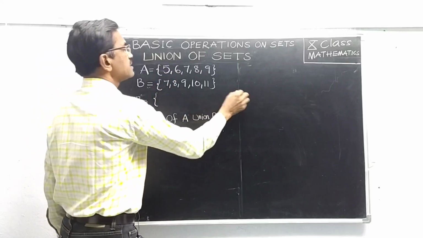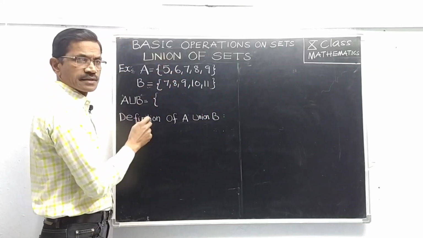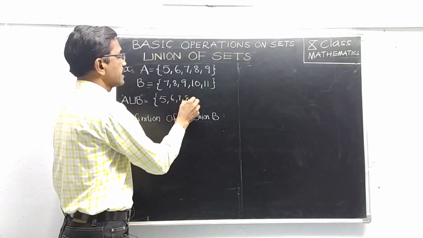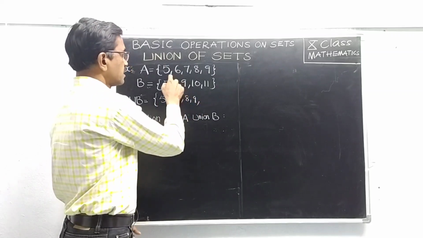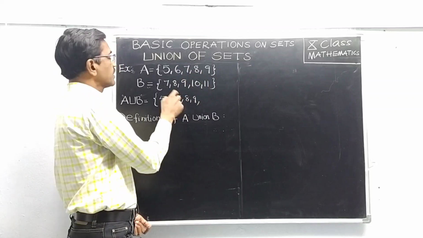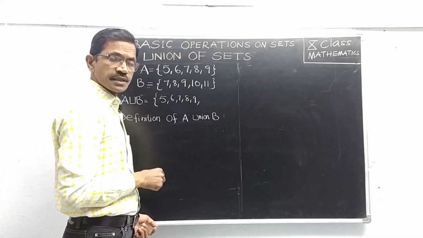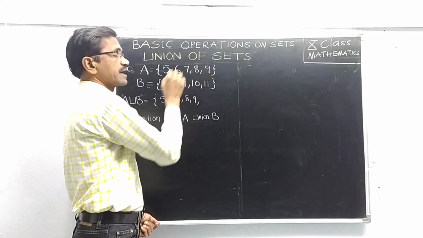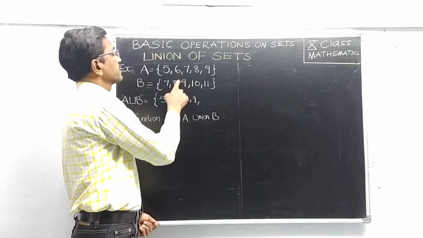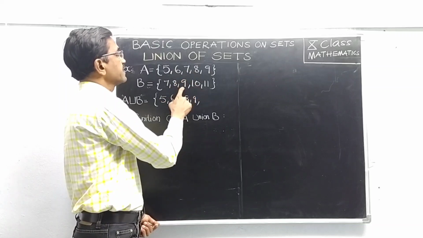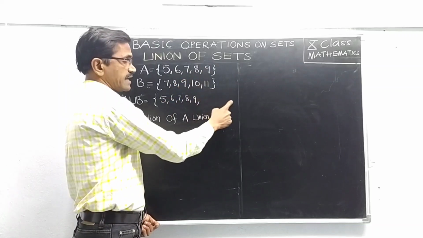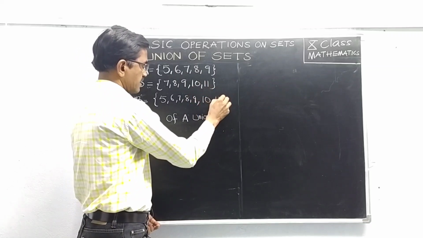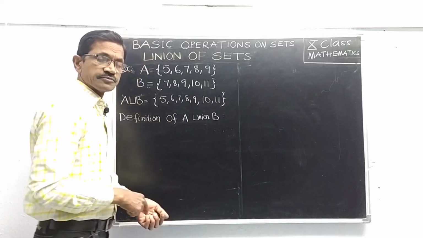Let us write all the elements in A and B. First of all, let us write 5, 6, 7, 8, 9, all the elements of A. Then while writing the elements of B, do not repeat the elements which came already in A. 7 is already in A, 8 is already in A, and 9 is already in A. So, do not write again. Take remaining elements 10 and 11. This is A union B.